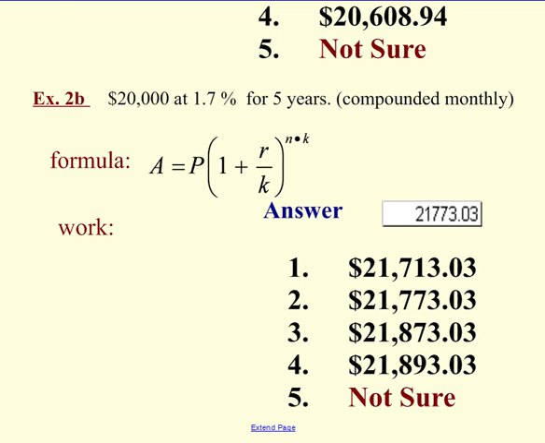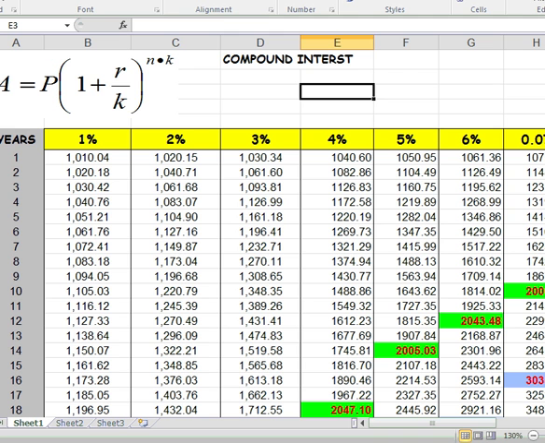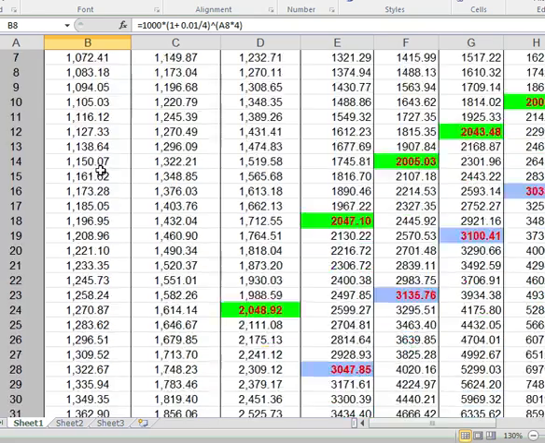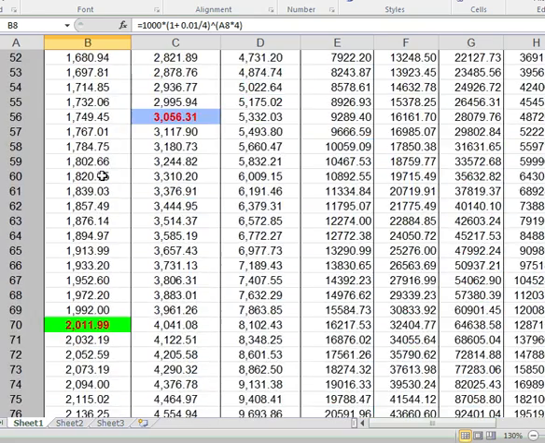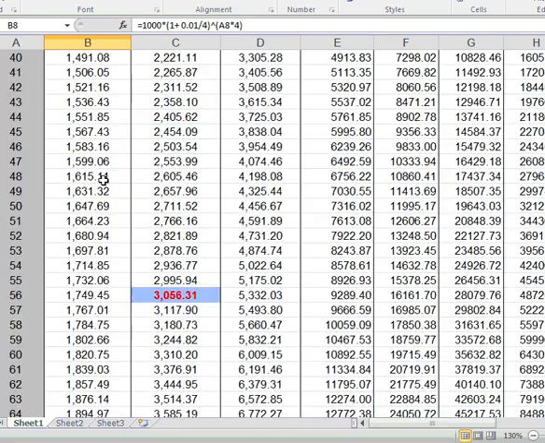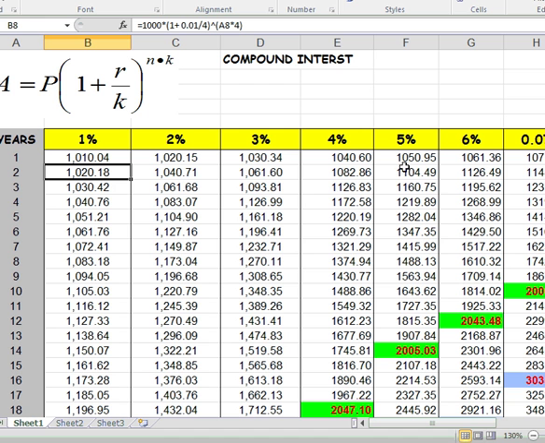Now the cool thing that you can also do is calculate this with your spreadsheets. If you can see up here is the formula that I've used, and I've got all these calculated. So if you've got maybe $1,000, it's going to take you 70 years for your money to double. If you can get a nice interest rate of 5%, your money's going to double in, I believe, 14 years.